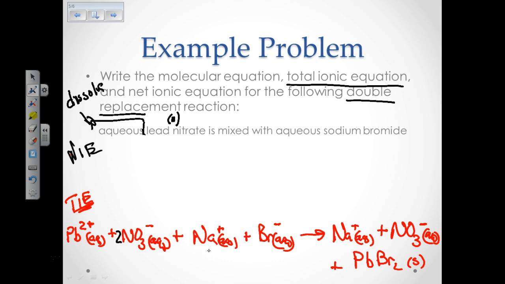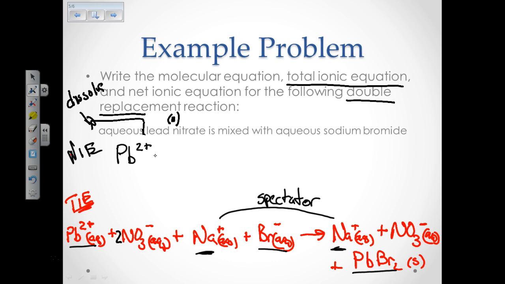Sodium plus here and sodium plus here are both aqueous, nothing changes, so that's a spectator. The net ionic only deals with the things that change, and here those are the lead and the bromide. This is the lead 2+ ion floating around aqueous, and over here it's lead bromide, part of this solid. So that definitely changes.